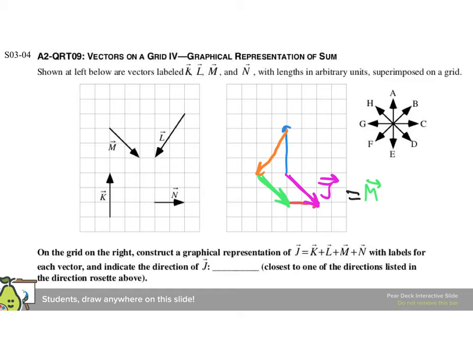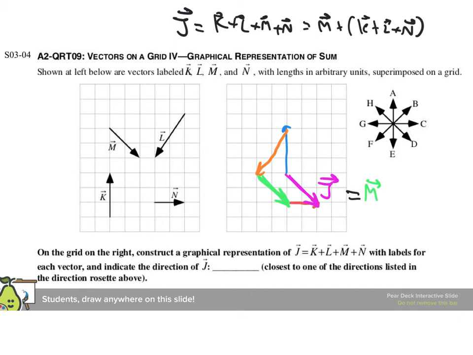And that's actually kind of interesting on its own. Right? Because that means something kind of fascinating about the other guys. If j equals m, let's go up here and write it. j, which is k plus l plus m plus n, which I could write as m plus k plus l plus n.